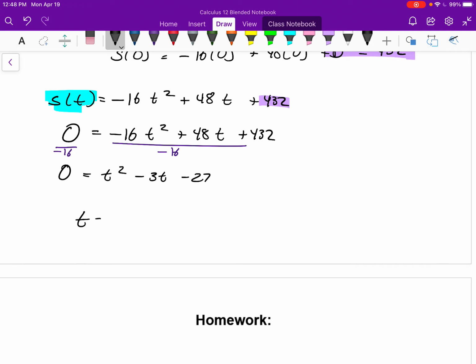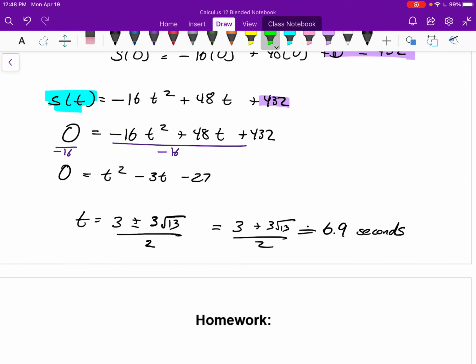And so you get t equals, once you use the quadratic formula, 3 plus or minus 3 root 13 over 2. That's just using the quadratic formula. I've already cleaned it up. However, I know in the context of the question, negative time does not make sense. That's before I threw this ball. And so it's only going to equal a positive 3 plus 3 root 13 over 2. Or if you decimalize it, you get about 6.9 seconds.